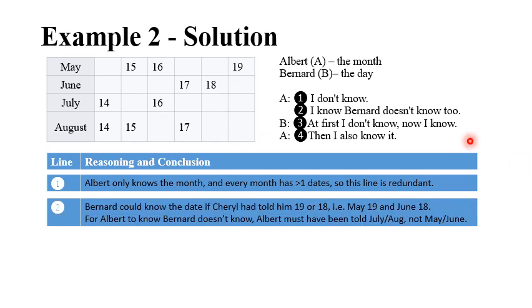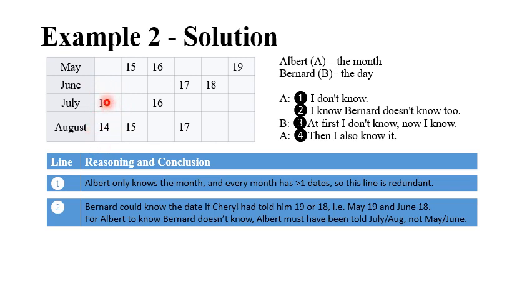Now let's look at line 3 from Bernard. At first I don't know, now I know. So far we already know it can be July or August, and now Bernard is having the number, and Bernard says, at first I don't know, now I know. Suppose that he is having the day of 14.